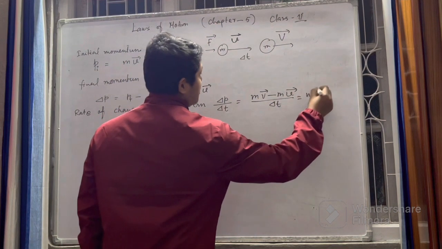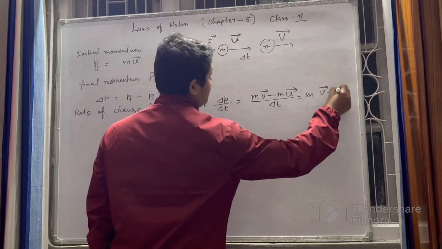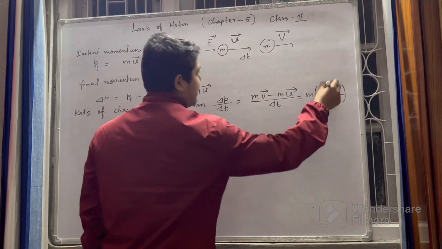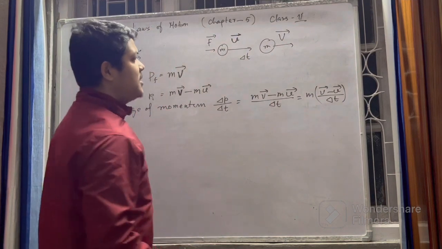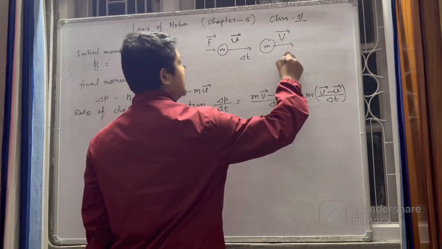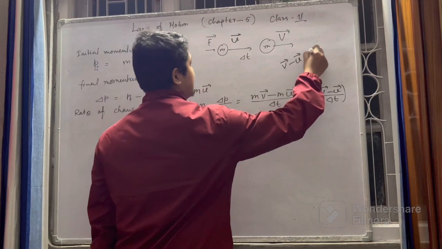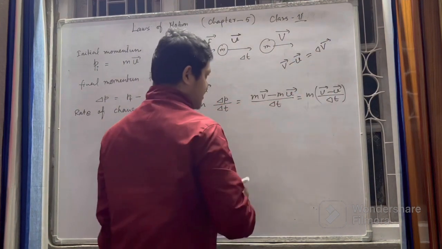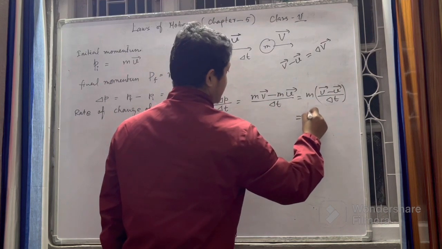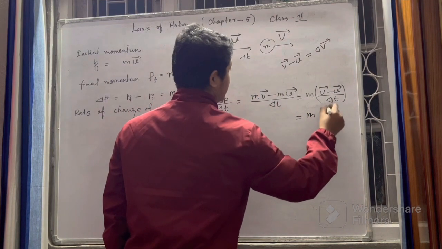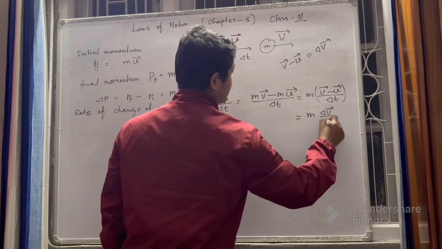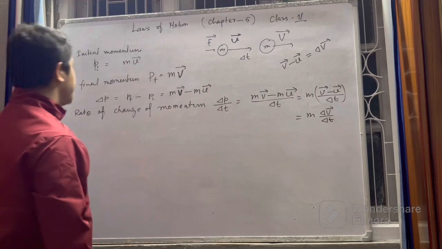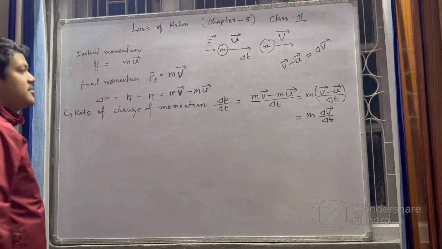So m is taken common, v minus u by del t. Now v minus u gives you the change in velocity. Let me represent v minus u by del v. So we can write m del v by del t. Del v represents change in velocity, right? This is what? The rate of change of momentum, right?